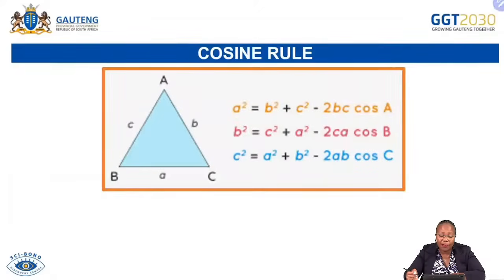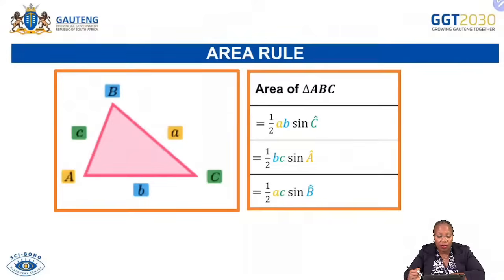Cosine rule, you must be given two sides and included angle. For example, if you are looking for a, you must be given b and c and an included angle A. Can you see that it's an angle between those two sides? That is why we are saying it must be an included angle.